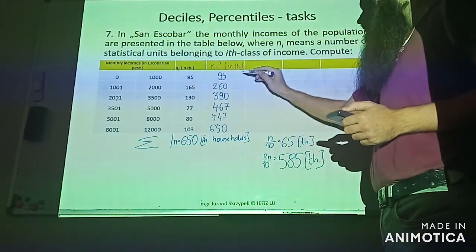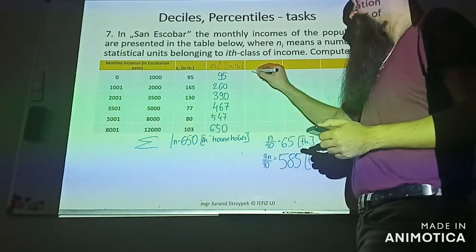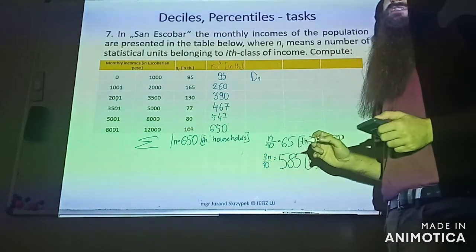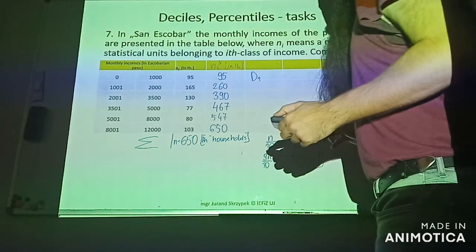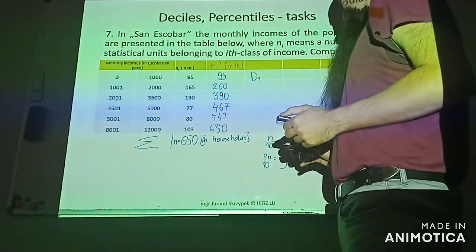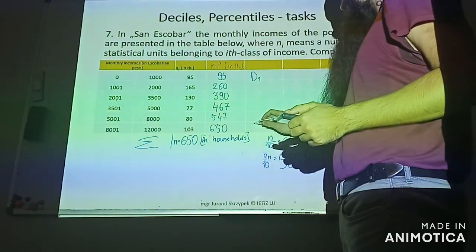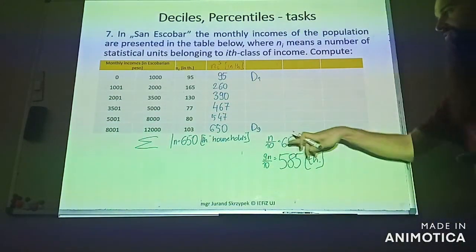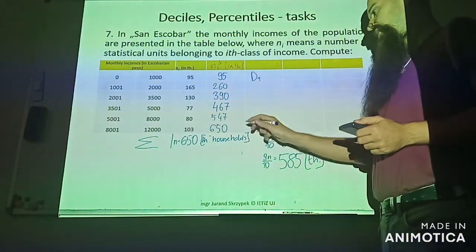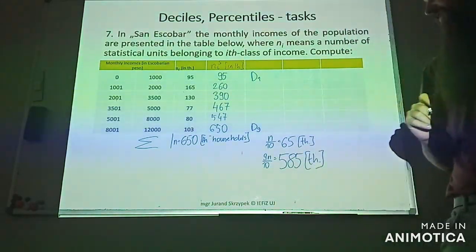Here at the beginning we exceed for the first time 65, so this class is the class of the first decile of monthly incomes in San Escobar. Okay, and the last decile will be placed in the last class, of course, because in the last class, for the first time, our cumulative frequency is higher than 585.